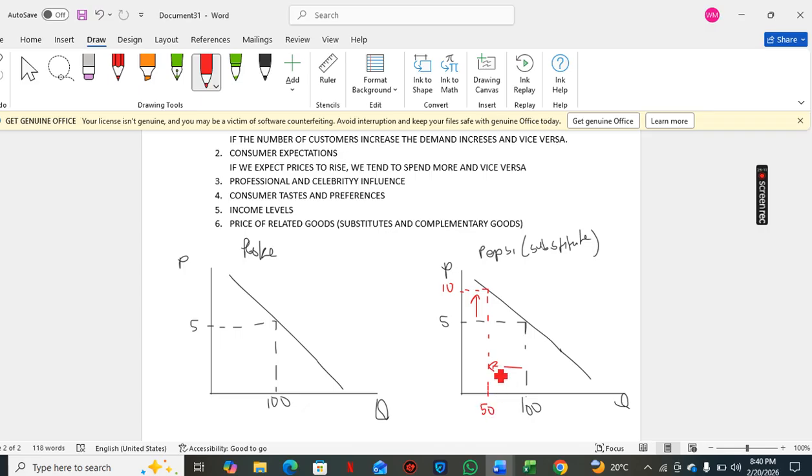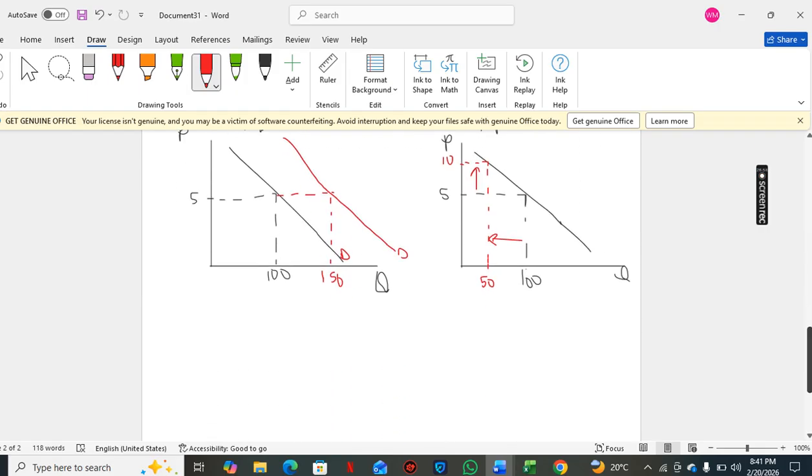Because people have seen Pepsi is more expensive, so let me substitute it with Coca-Cola. So the demand for Coca-Cola increases from 100,000 units to 150,000 units. These 50,000 customers started buying Coca-Cola. So this is the main point of what this graph is trying to illustrate.